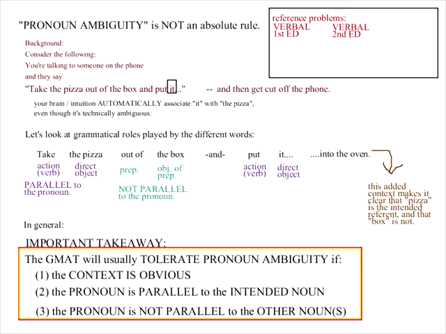Sorry, it's number 68 in the second edition, and it's number 71 in the first edition. This problem is pronoun ambiguity that does not work.